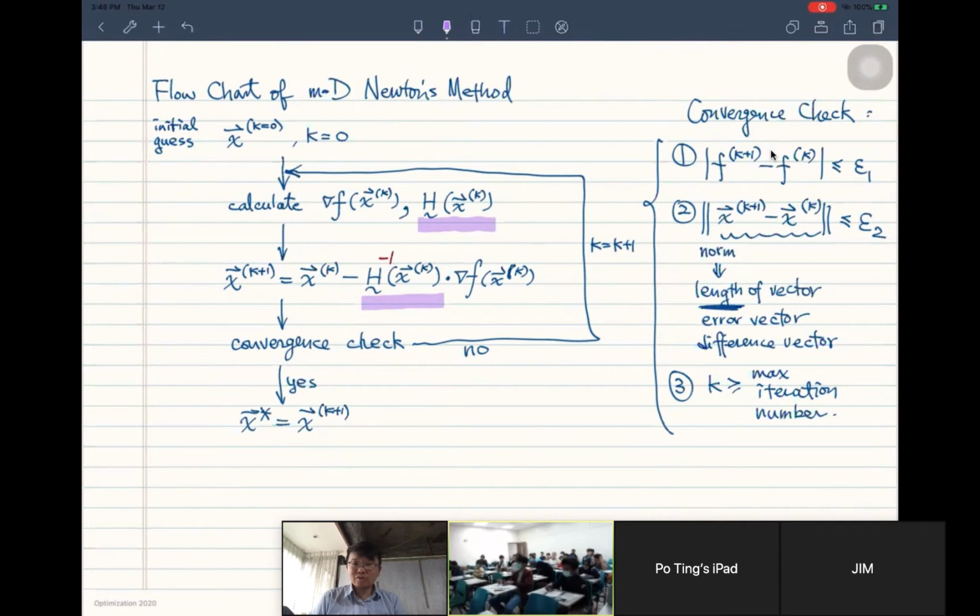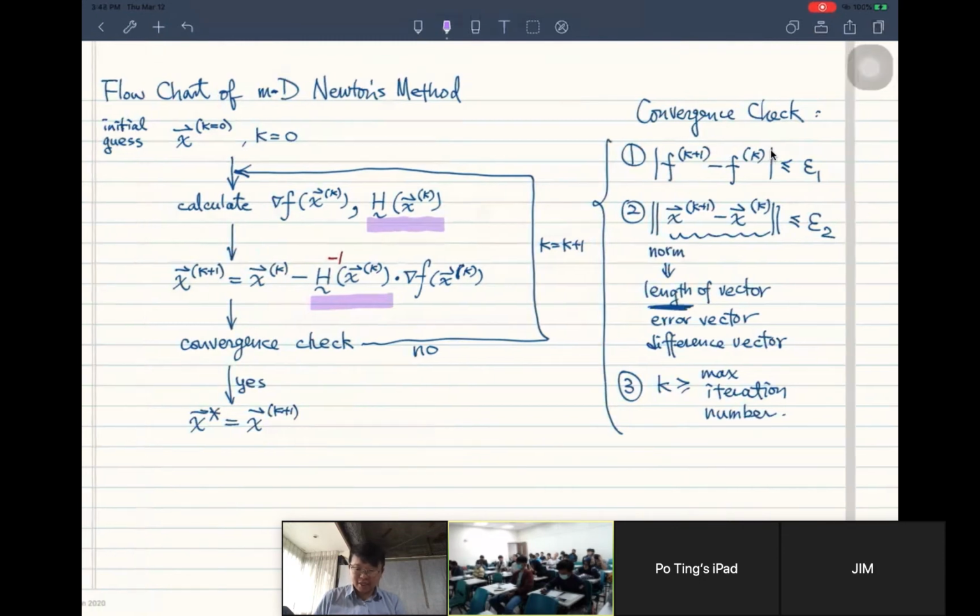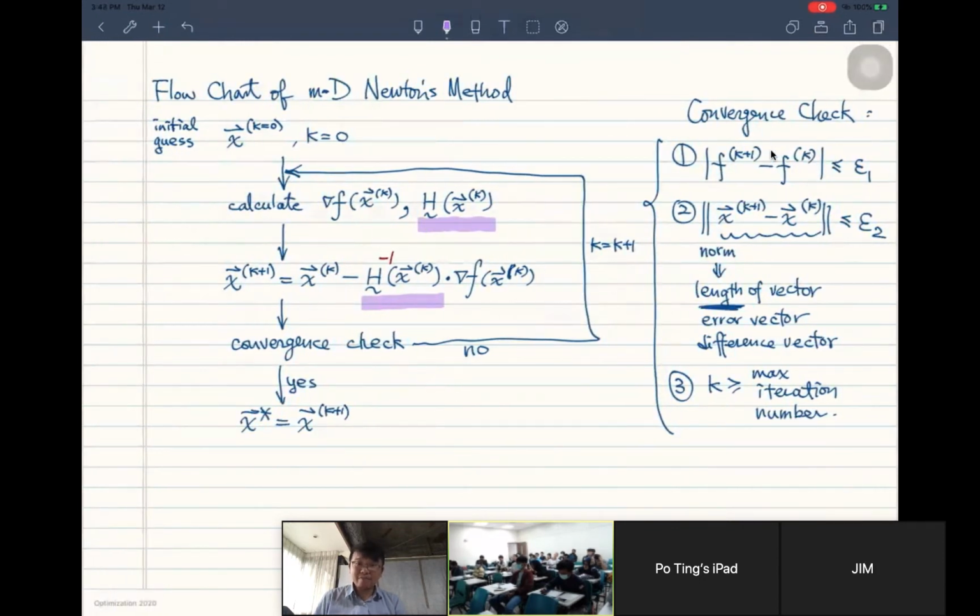How do you solve an inverse matrix of a matrix that has a dimension of 10 by 10? Then you cannot do it by hand. So that's why it's important to use computers to solve this kind of problems. But people try to find other methods and see if we can avoid Hessian matrix.